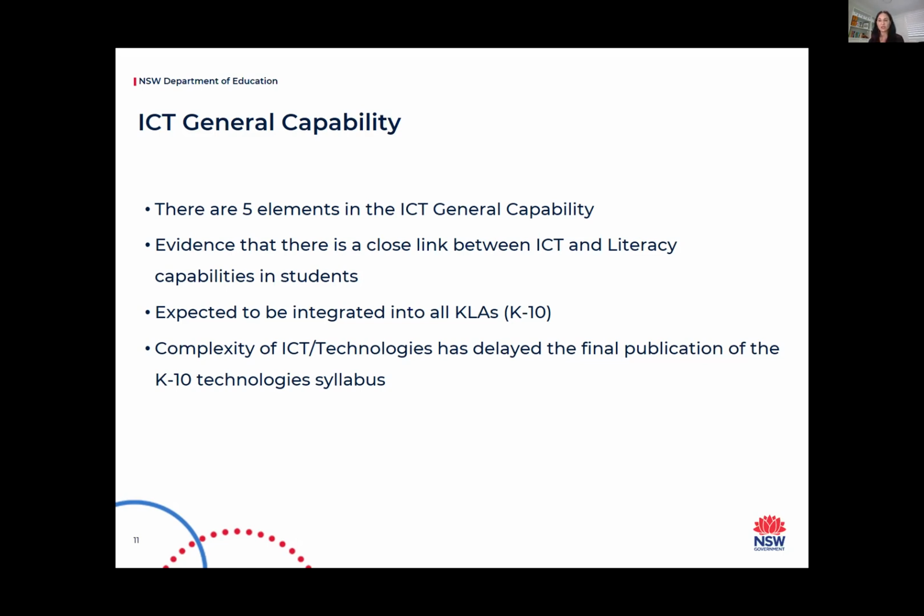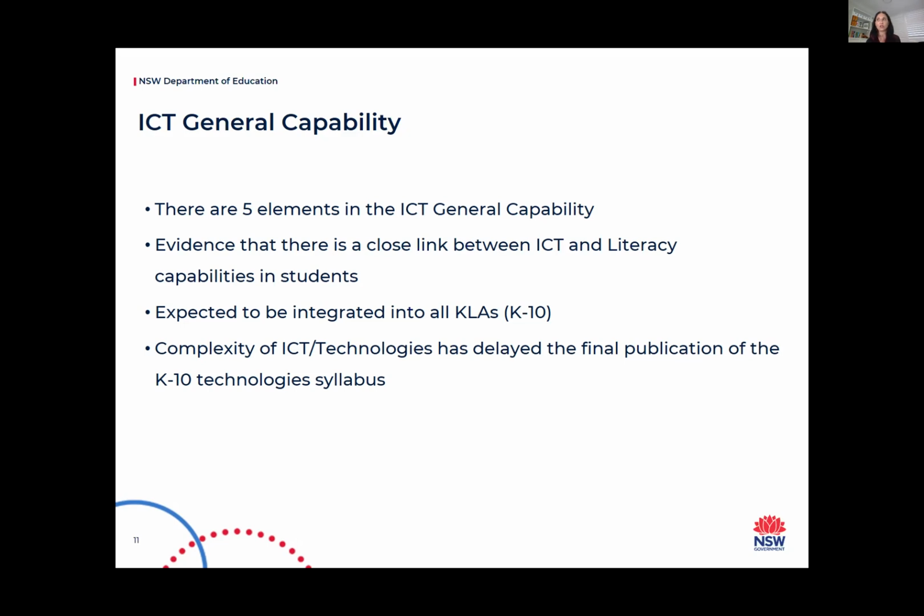And that is because, you know, IT is quite complex, and it is very difficult to implement into all KLAs, basically. I certainly know that in high school that's the case. Unfortunately, though, we are expected to include ICT within all KLAs, right from K to 10, and we've got the new capability continuum to show us that.